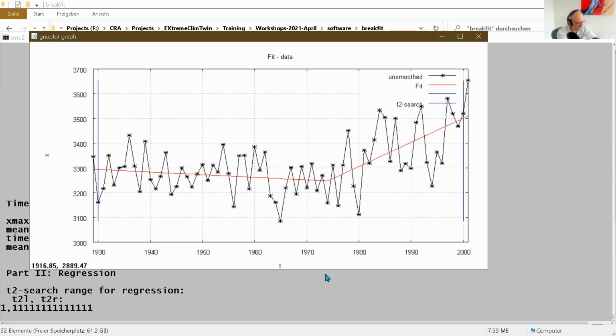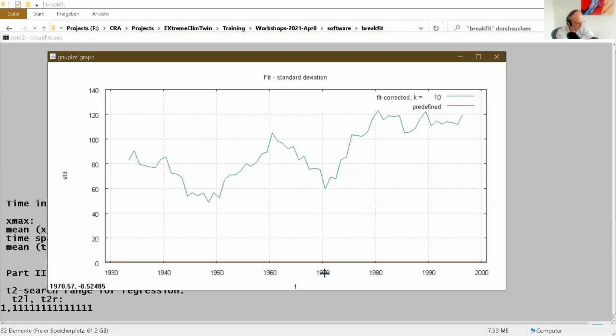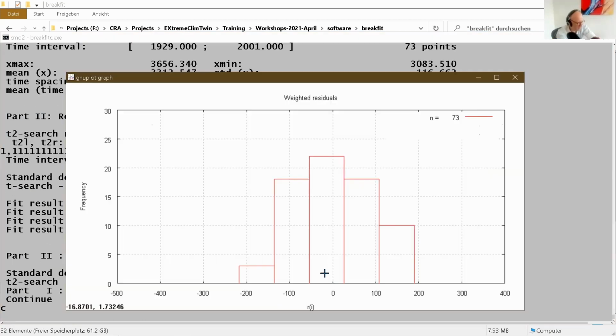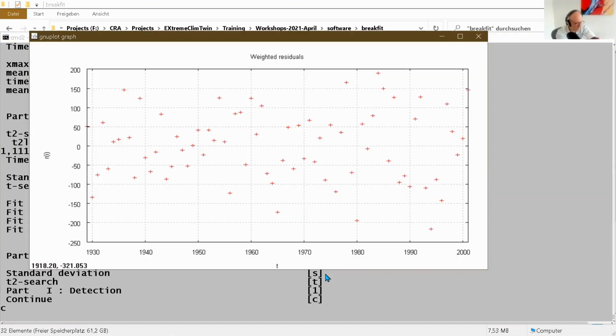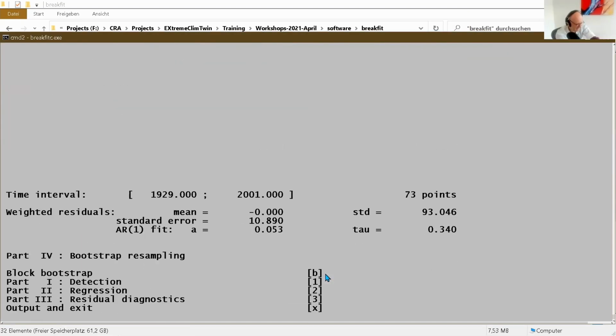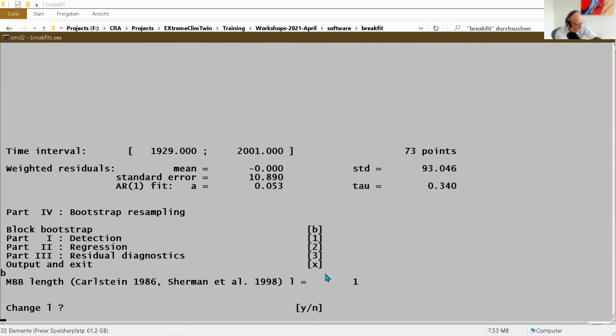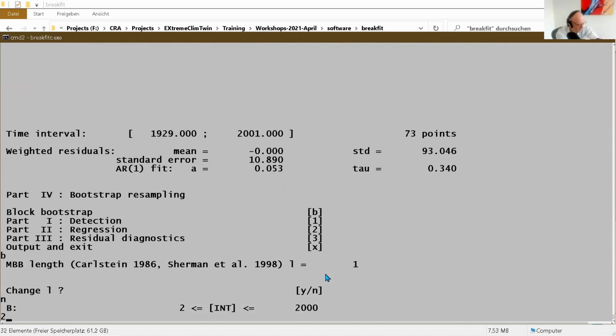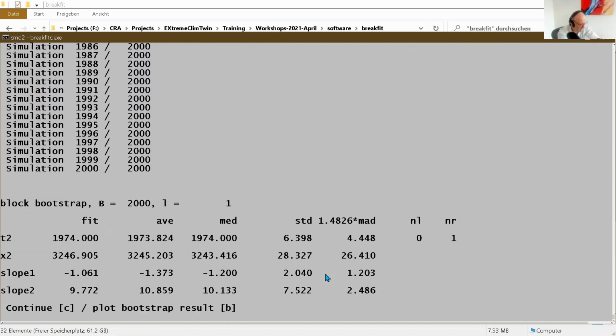We see the fits, press enter to continue. And then we do the residuals, we have to go through. Then the bootstrap, 2000. Okay, and this was it. I think this is the only serious thing you can do.